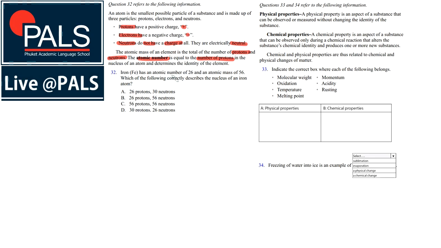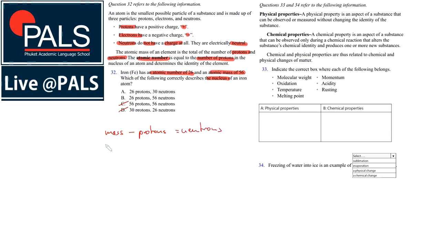Iron has an atomic number of 26 and atomic mass of 56. Which of the following correctly describes the nucleus of an iron atom? So we were just told the atomic number is equal to the number of protons. So therefore, our iron atom with an atomic number of 26 must have 26 protons, so we can exclude C and D. We were told as well that the atomic mass of an element is the sum of protons and neutrons, and therefore the number of neutrons must be mass minus protons.